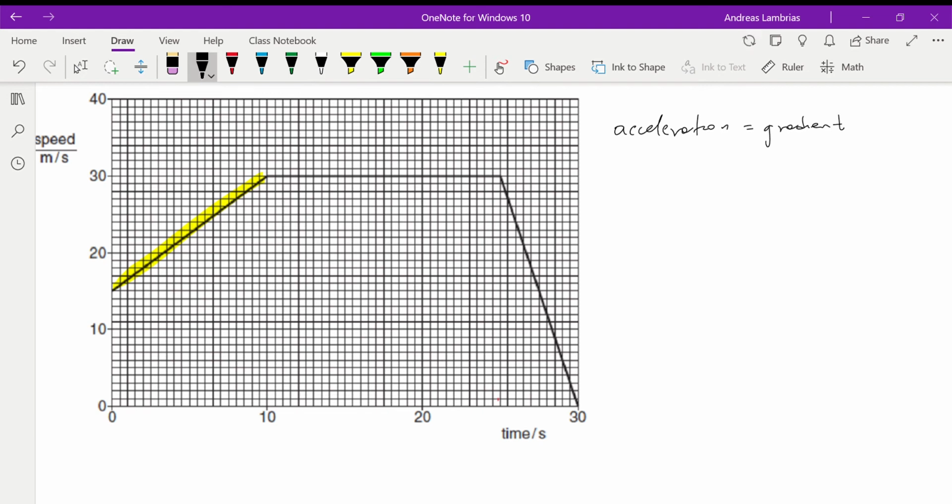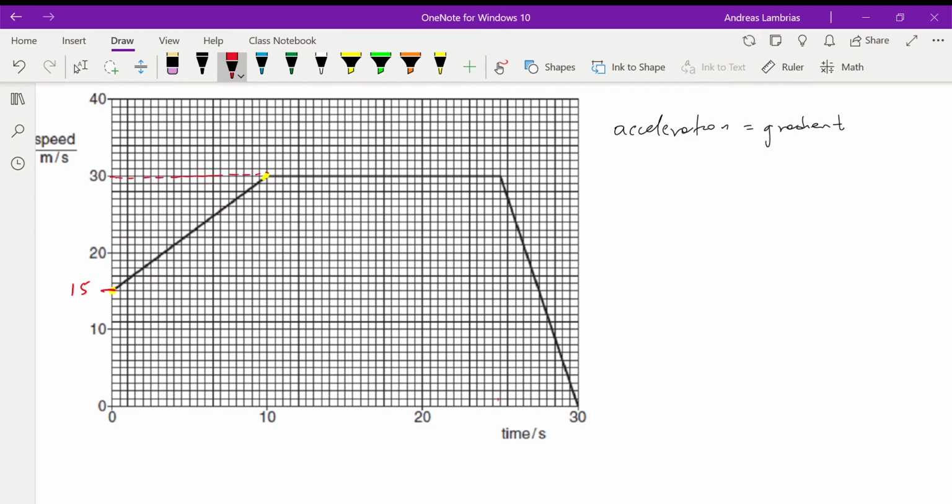And this only applies for velocity time graphs or speed time graphs. Then I need to find the change between the starting point and the final point. So this one has started at 15 and it has finished at 30.